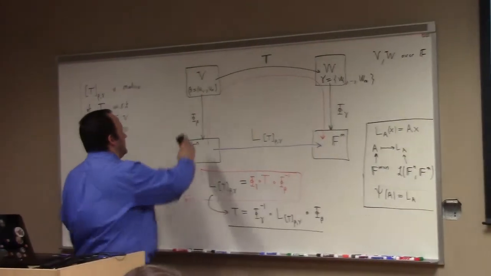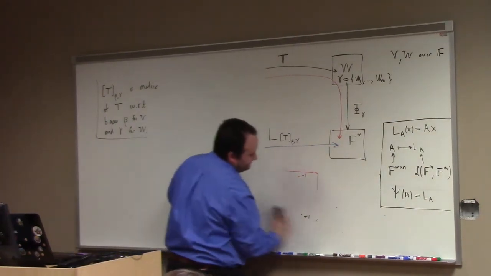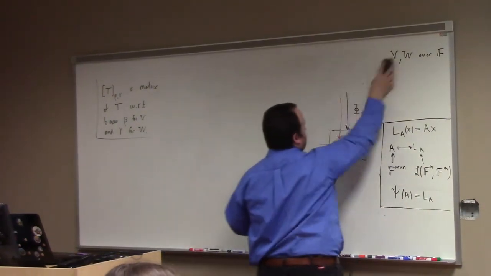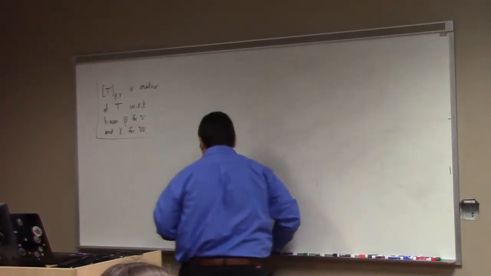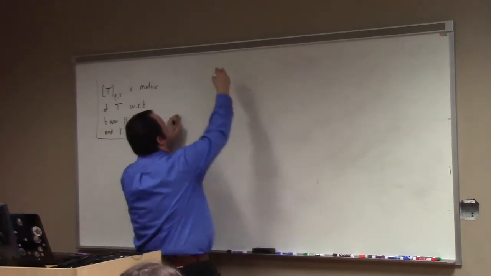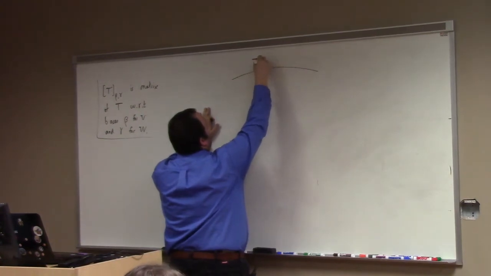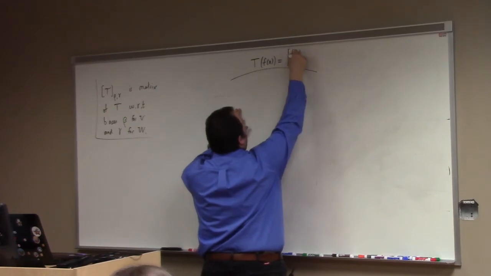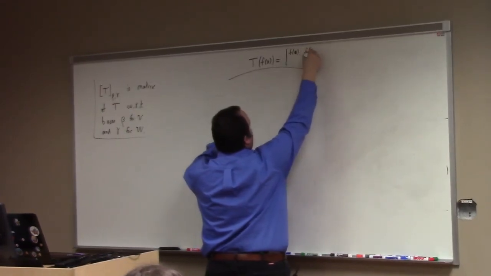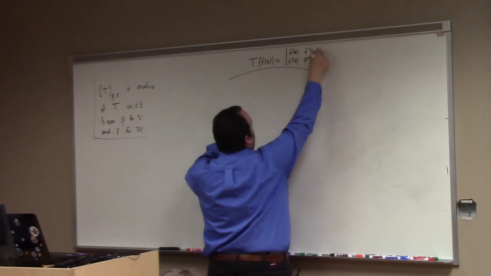All right, well, I'm going to work out an example of a matrix then. So let's suppose we're looking at the linear transformation T of f(x) equals, let's say, f(0), f'(0), excuse me, f'(0), and f''(0).